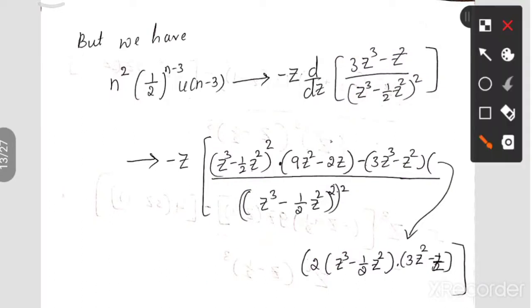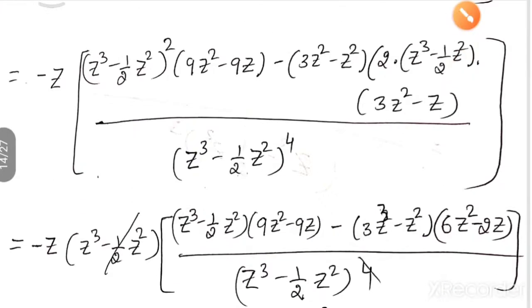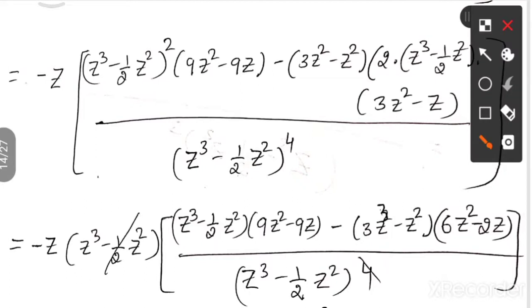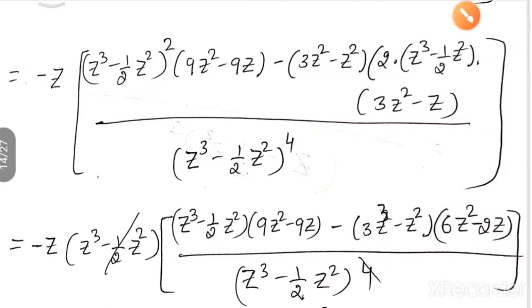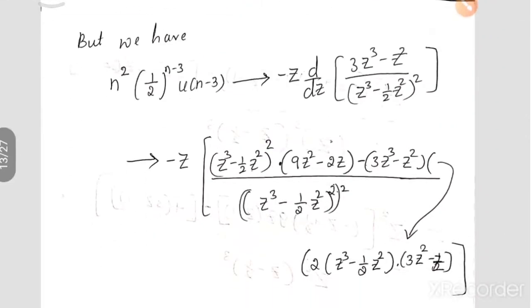For that what we can do is, observe in the numerator we have z cube minus 1 by 2 z square in this factor, okay, in the second factor, as well as in the first factor. In the first factor it is a square, one term of z cube minus 1 by 2 z square you can take outside from this factor as well as in the second factor. Then what we can get is a further simplification that we have written like this.